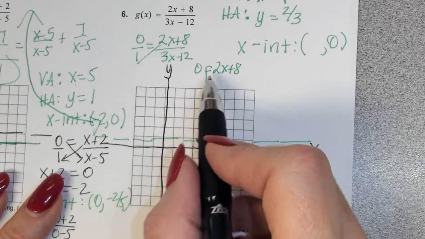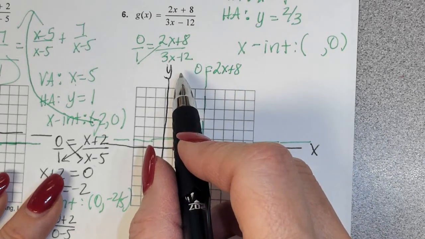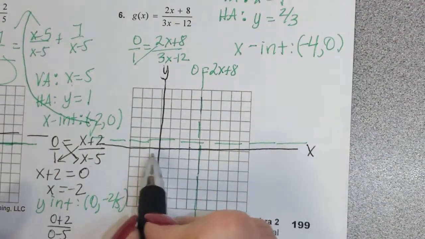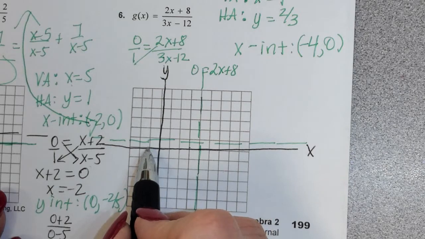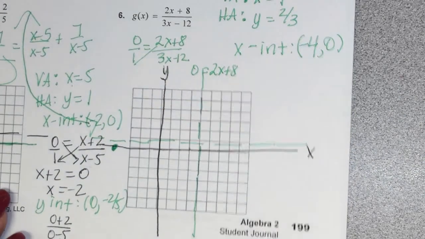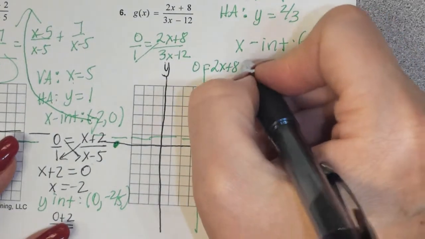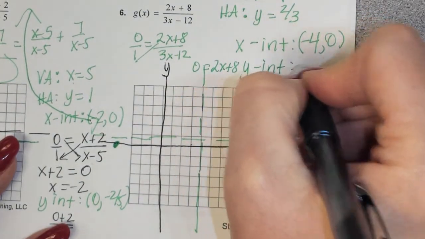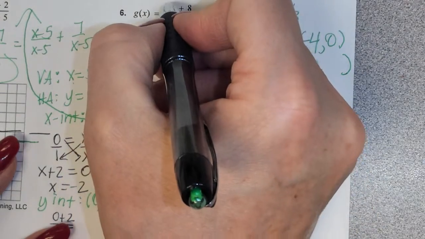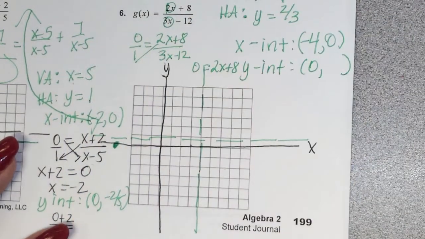What's the x-intercept going to be, guys? -4. Okay, so we have that point, -4, 0, over here. Now I'm going to find my y-intercept. I'm going to plug in 0 for x. So that's going to be 0, and that's going to be 0.